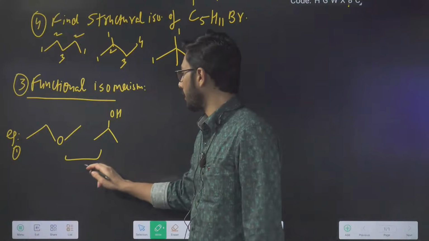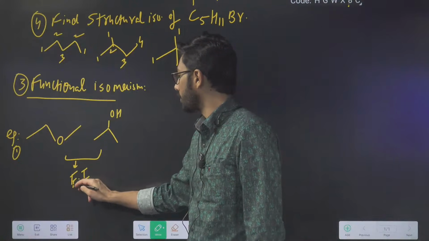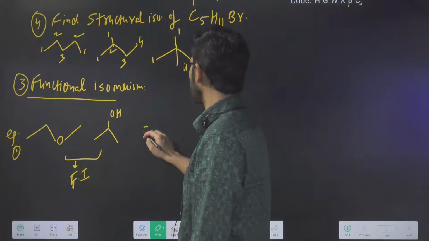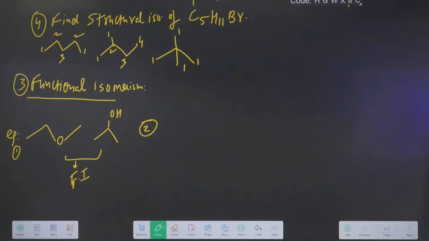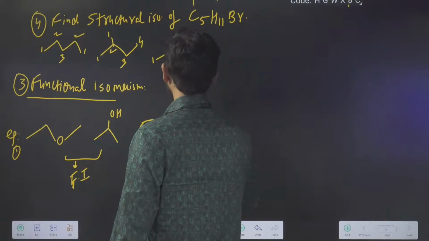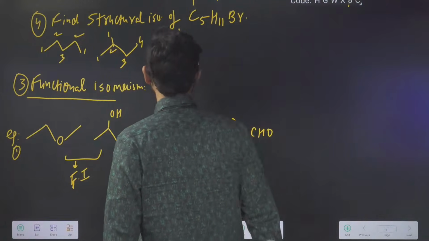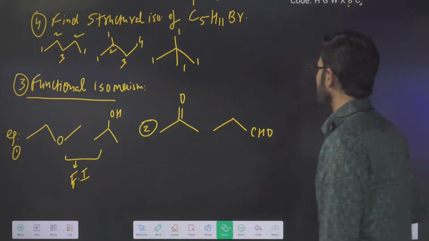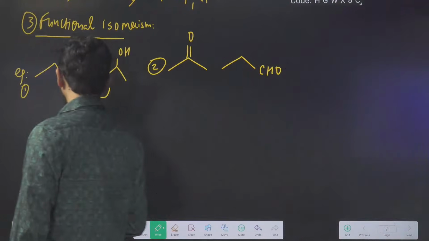Therefore these are termed as functional isomers with respect to each other. Clear? Second example, think about it. Think about second one also, then think about third one.